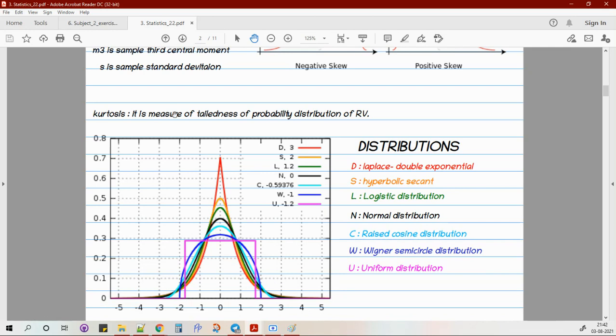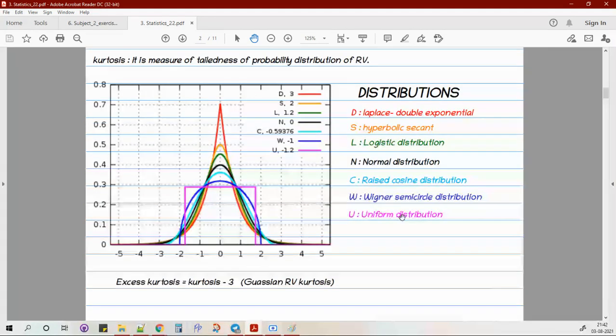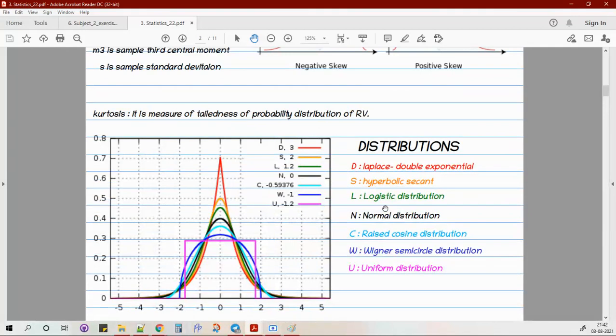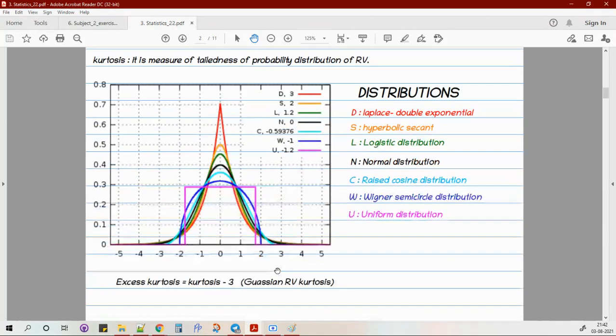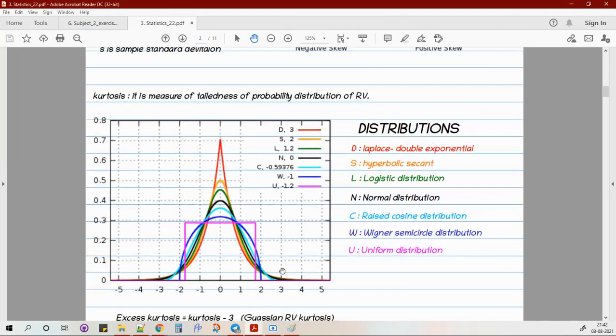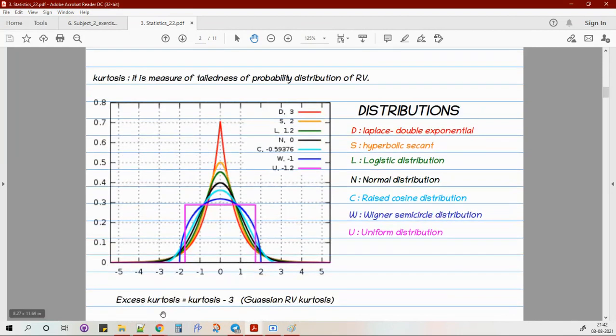It is measured by the kurtosis, right? And by convention, we are comparing everything with the normal distribution. So we have this excess kurtosis. Excess kurtosis is nothing but kurtosis minus 3. And what is this 3? 3 is nothing but what you get if you put the normal distribution into the kurtosis formula.